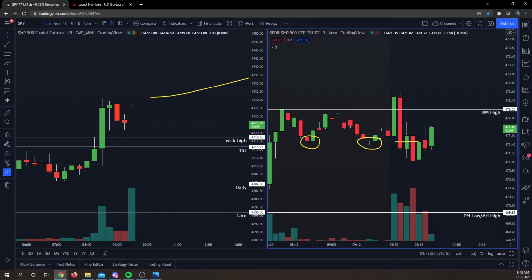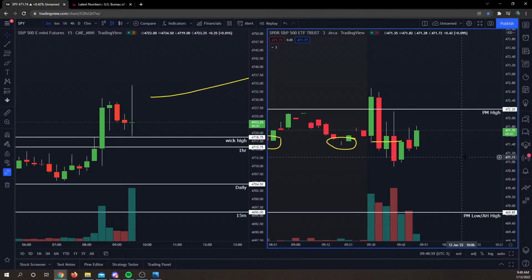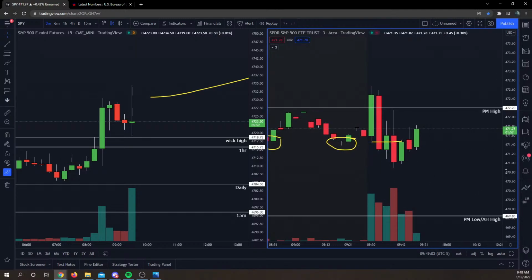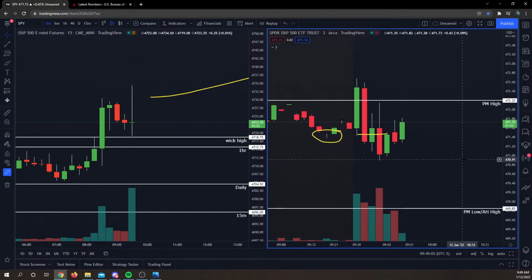Volatility from the futures is being realized within SPY. Price action moving very quickly. Still anticipating that we cycle pre-market low, as well as this 471.15 low here on the futures. It's about a 60-40 split. That's how I'm seeing that.